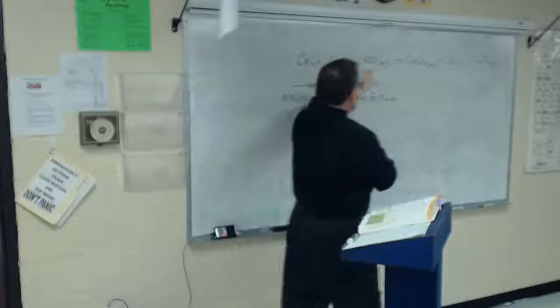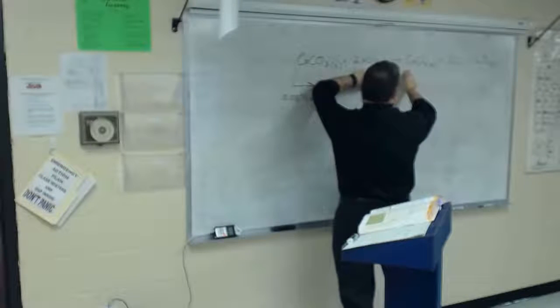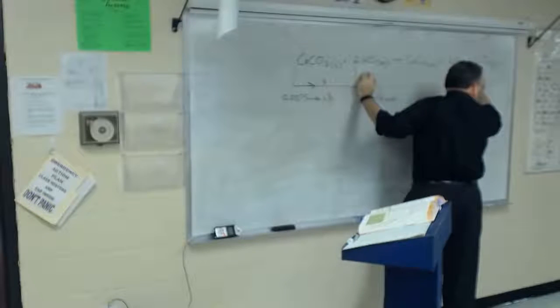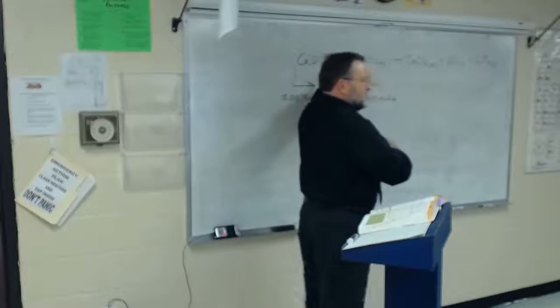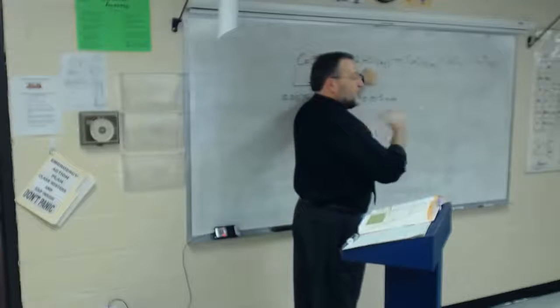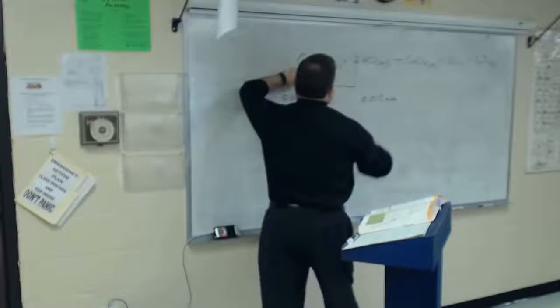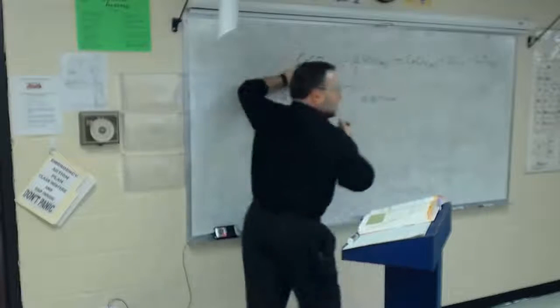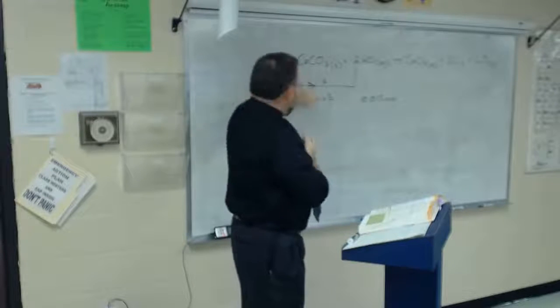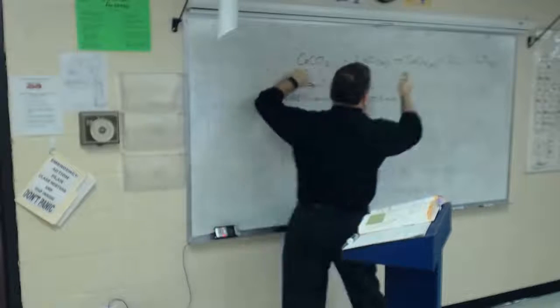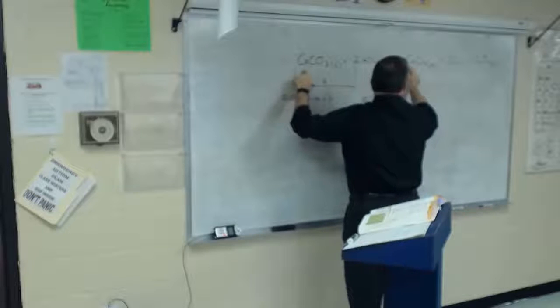What's the relationship between this and this? 2 to 1. This and this? 2 to 1. This and this? 2 to 1. So you can see they're all going to be the same thing. Whatever this is, it's going to be the same for all 3 of them. What's the relationship between this and this? 1 to 1. What does 1 to 1 mean? Same amount. For every one of these, I'll produce one of these.